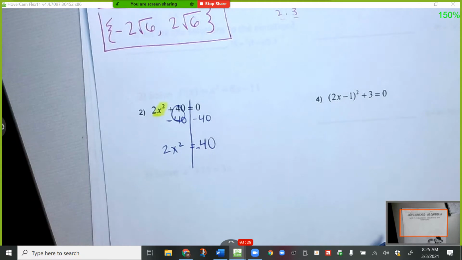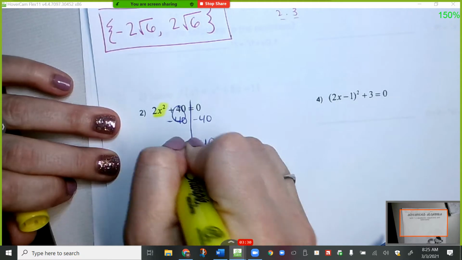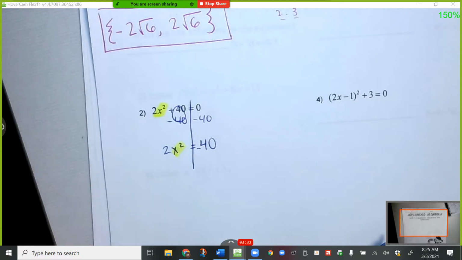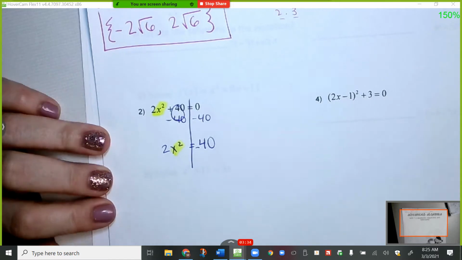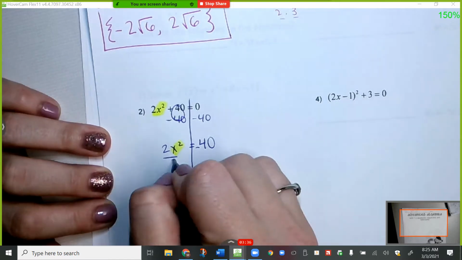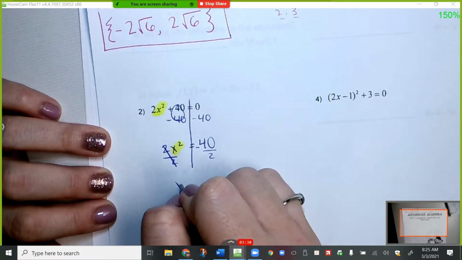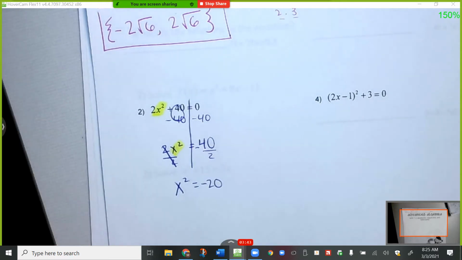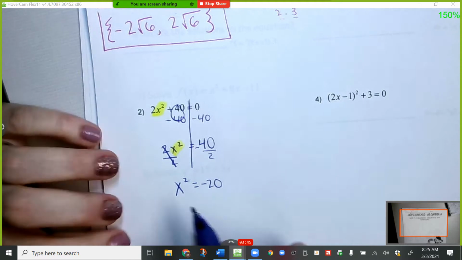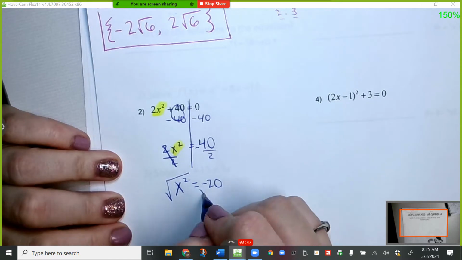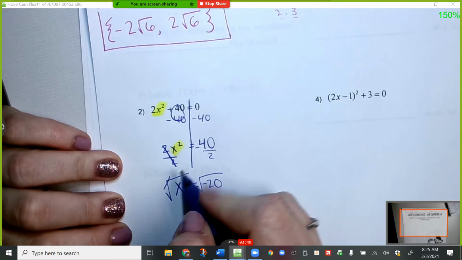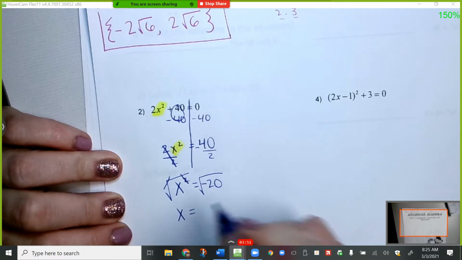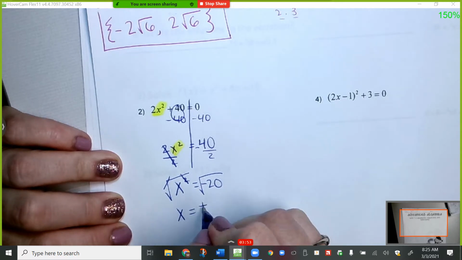I still need to get my x squared alone. So what do I still need to get rid of? The 2. How do I get rid of that 2? Divide. So I get x squared equals negative 20. And now can I take the square root of both sides? Yes. So I'm going to do square root, square root. Square root cancels my squared, and I get x equals, well, this is a number, so I'm going to put a plus and a minus.